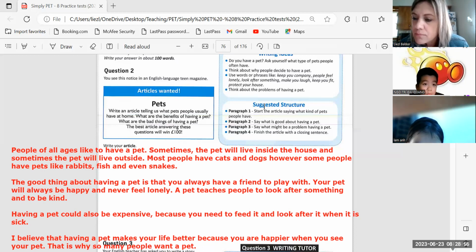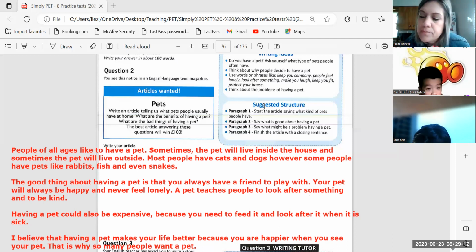A pet teaches people to look after something and to be kind. Having a pet could be expensive because you need to feed it and look after it when it is sick.